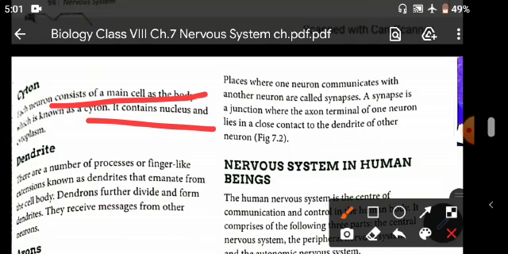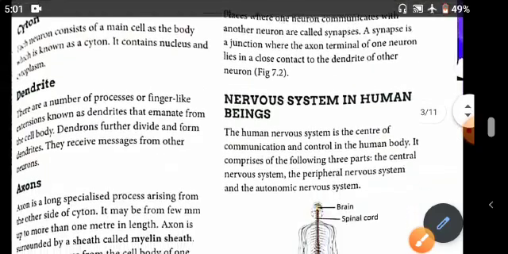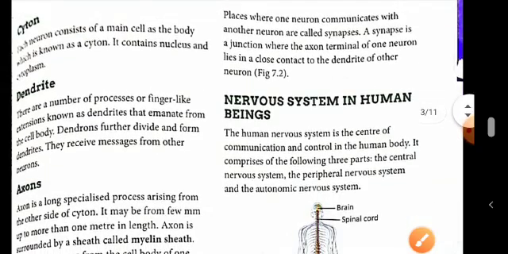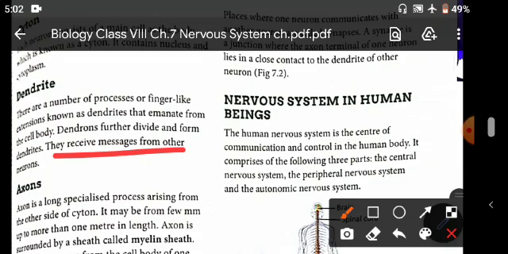It contains nucleus and cytoplasm, and dendrites are the number of finger like projections, and dendrites further divide. The function of dendron is to receive the message from other neurons.